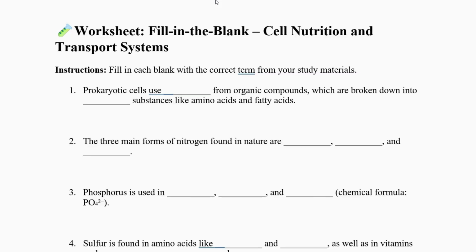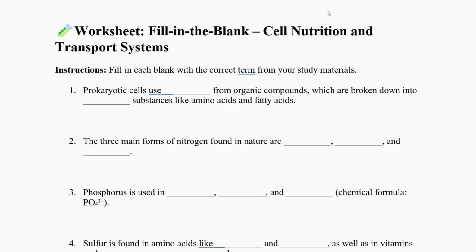Prokaryotic cells use what from organic compounds, which are broken down into blank substances like amino acids and fatty acids? Number 2. The three main forms of nitrogen found in nature are what? 3.